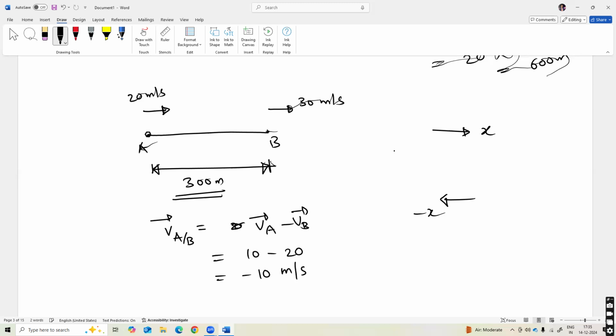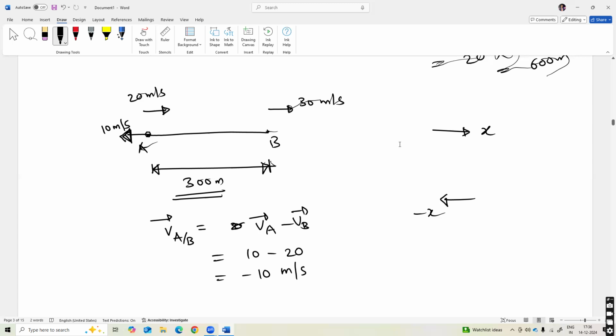Minus 10 meter per second is telling you it is 10 meter per second in the negative x direction. And for A to catch B, A has to move in the positive x direction. Therefore, we can directly find out that A will never be able to catch B because it is moving at 10 meter per second in the negative direction relative to B.